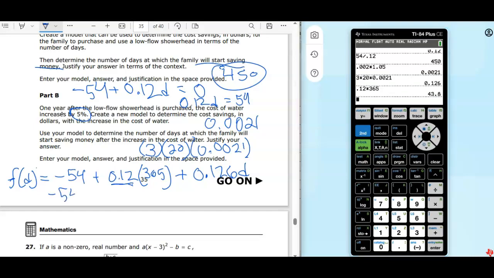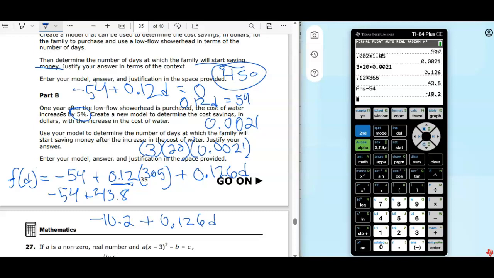So negative 54 plus 43.8 is going to be negative 10.2 plus 0.126 times the number of days, okay?